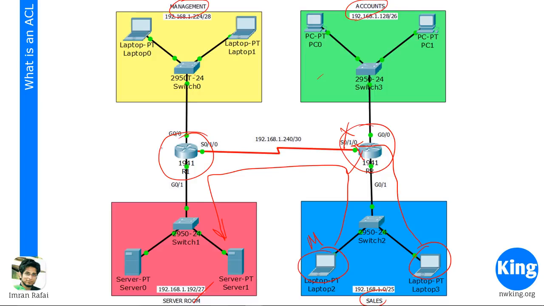So the most important thing when you're doing traffic filtering is to identify the data flow. So for instance, in this case, if you want to block this guy, laptop 3, from accessing the server, we need to first identify the traffic, right? So if this guy was communicating with the server room, like for instance server 1, the ideal flow of traffic is going to be to the switch, to the router, then from router to this router, then to the switch, and then here, right?